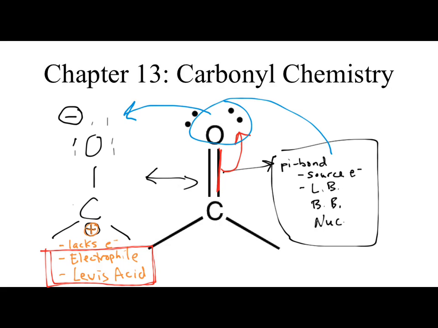Okay? And it all has to come back to that carbon. Okay? So most of this chapter is based on looking at what nucleophiles can react with the electrophilic carbon of the carbonyl.